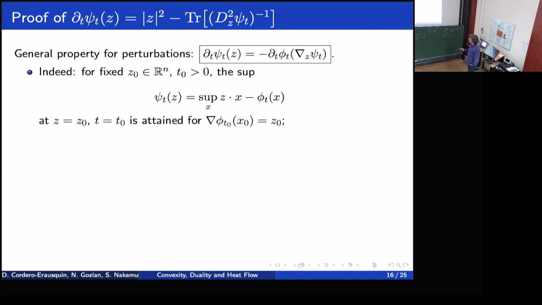Here I recall the definition of the Legendre transform, and I'm working at a fixed point z0. Okay, and I want to understand the derivative at t0. So when I fix these two things, this supremum is attained, because of my assumption actually, at some unique point, which I denote x0 here, which satisfies this equation.